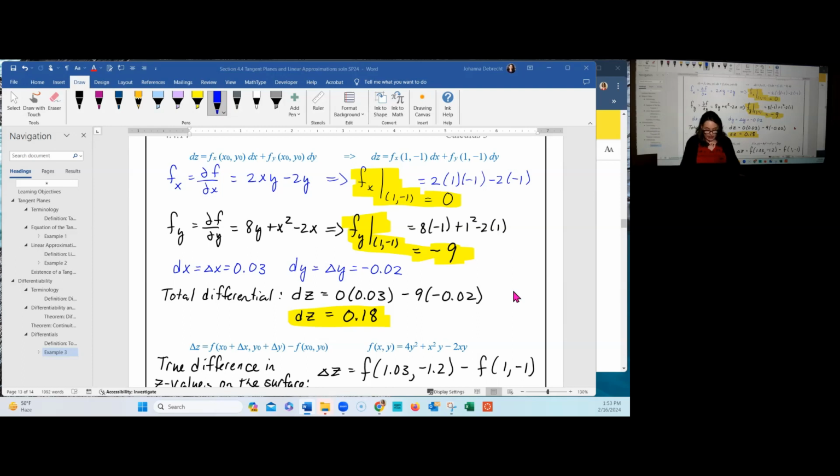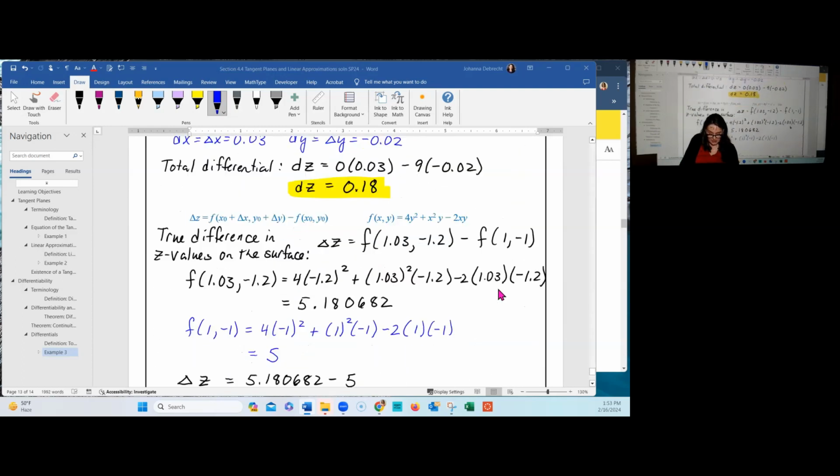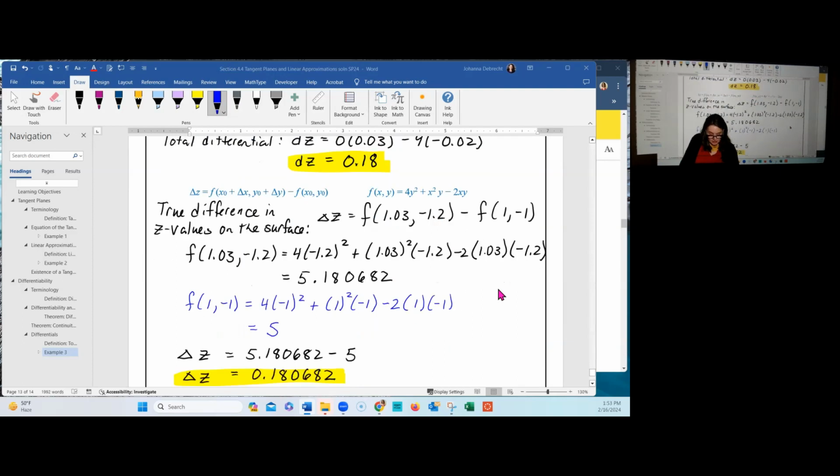Let's see what the true difference is in the z values on the surface. To find that, what we need to do is compute the actual function value at those two different points. So to compute it at 1.03, -1.02, and it looks like I left out my zeros here, so I'll add these back in real quickly, 0.02.